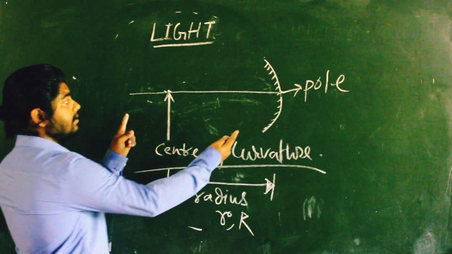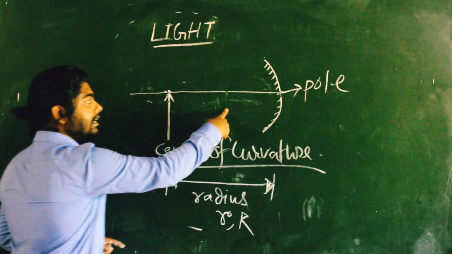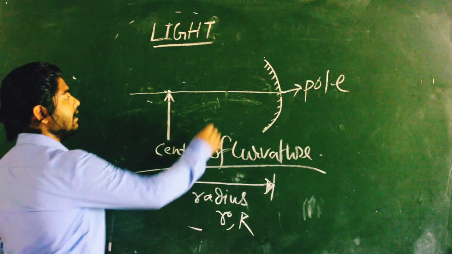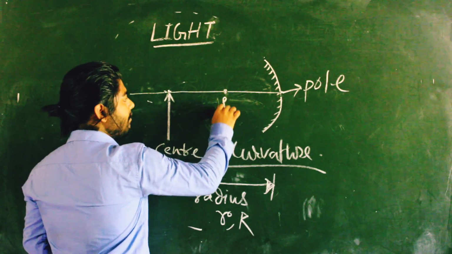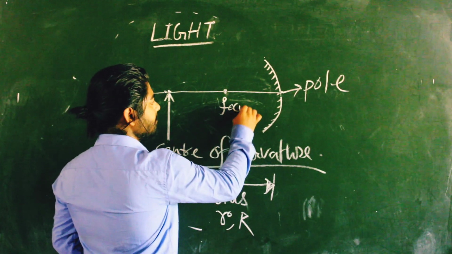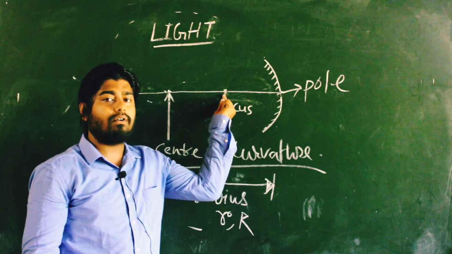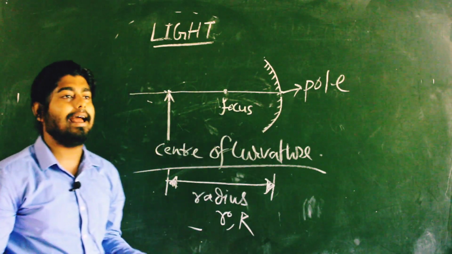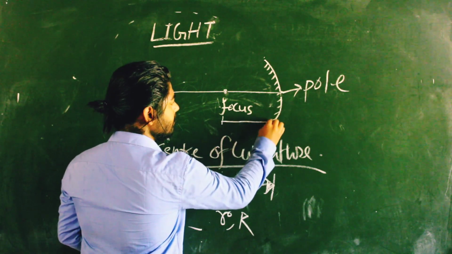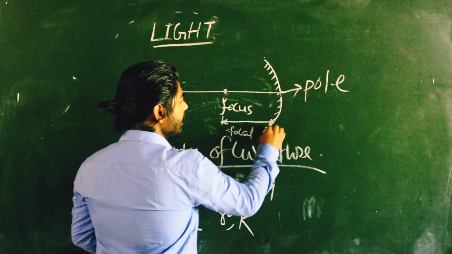Suppose this is 4 and the middle point is 2. That means half of the distance of the radius will be treated as focus. So this will be our F, called focus. And the distance from this focus to the pole is treated as focal length.